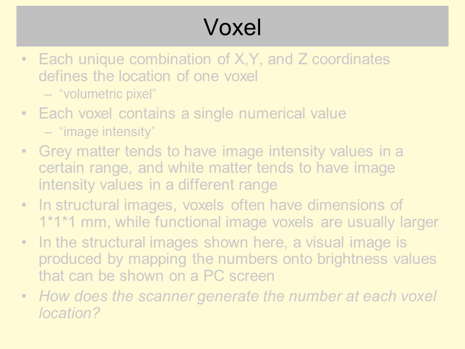Now let's define the important term voxel. We've already seen on the previous few slides that at each unique combination of x, y and z coordinates you find one voxel.